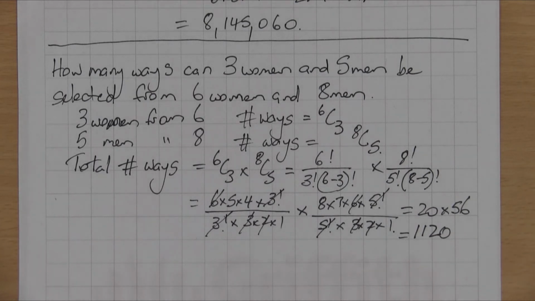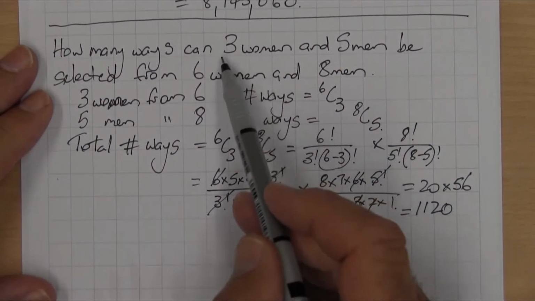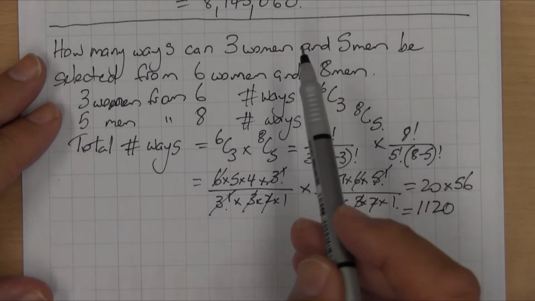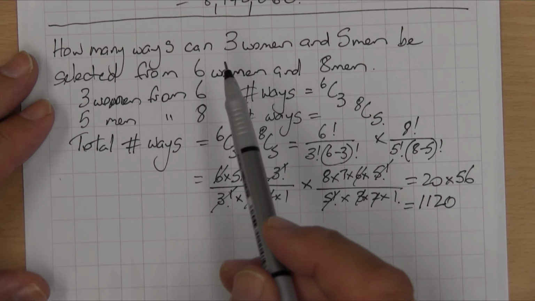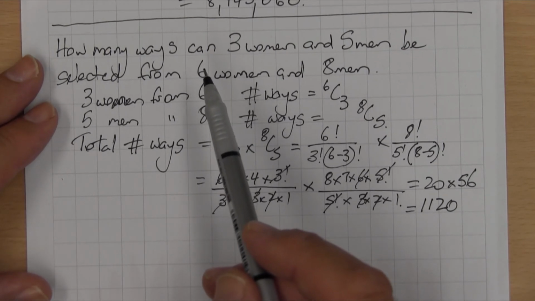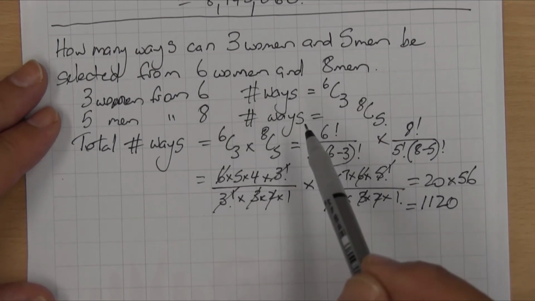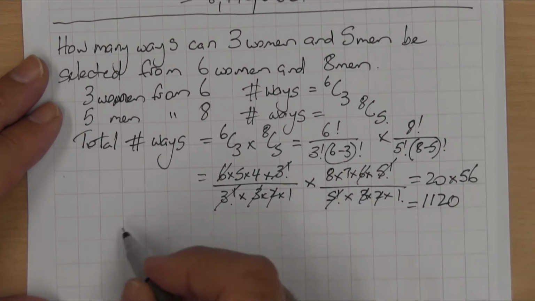All right. So if this was by way of forming a committee, say, and you're going to have a committee of 3 women and 5 men, and we've got a little proviso though.